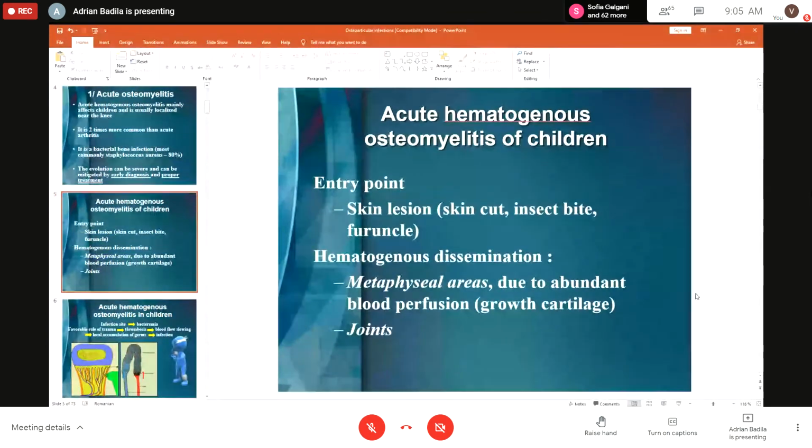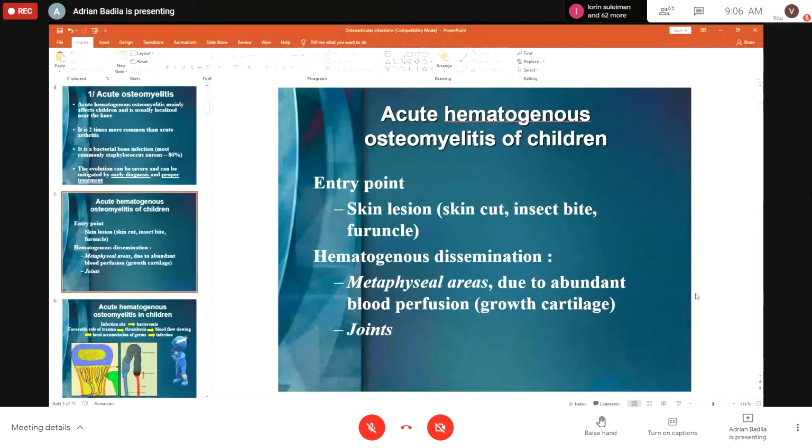For the acute osteomyelitis in children, we must have an entry point. And usually this entry point is a skin lesion, a skin cut, an insect bite, a furuncle, and so on. Or we can have an infection site at a distance, so not at the level of the bone or of the joint, but in some other organs, like an amygdalitis, pharyngitis, infection at the level of the lungs, urinary infection, and so on.